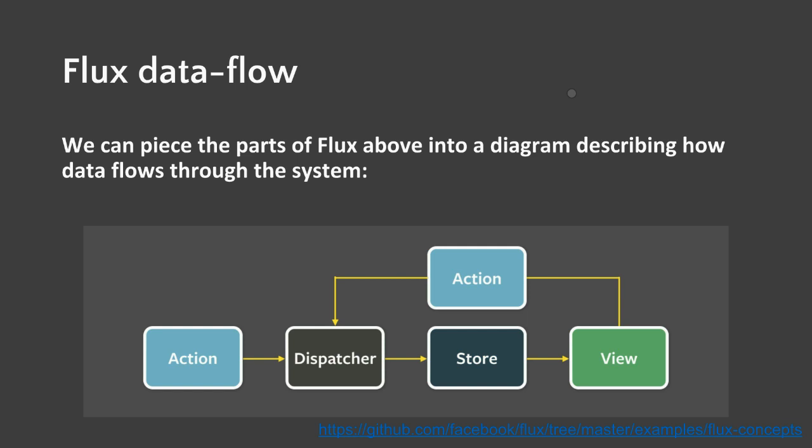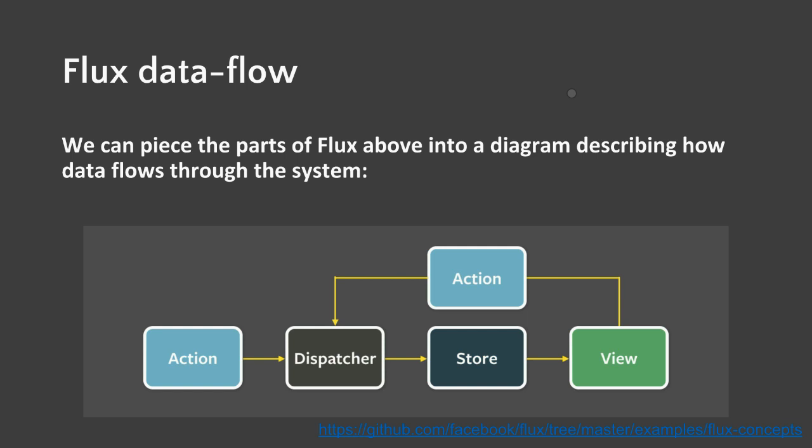Flux data flow: we can piece the parts of Flux above into a diagram describing how data flows through the system. The flow is very simple, and we can describe it with the last example from the views. The view sends an action to the dispatcher, for example through a user interaction like a click on a button.